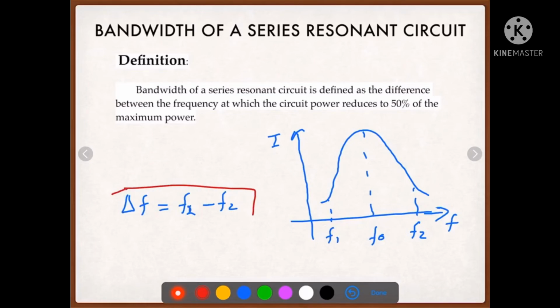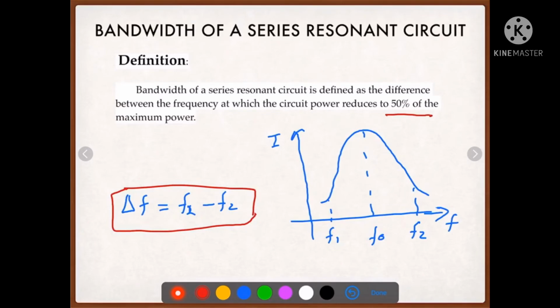The bandwidth of a series resonance circuit is defined as the difference between the frequencies at which circuit power is reduced to 50%, that is 50% of the maximum power.